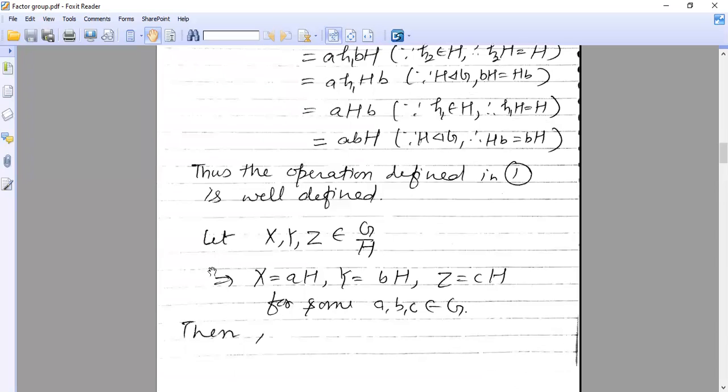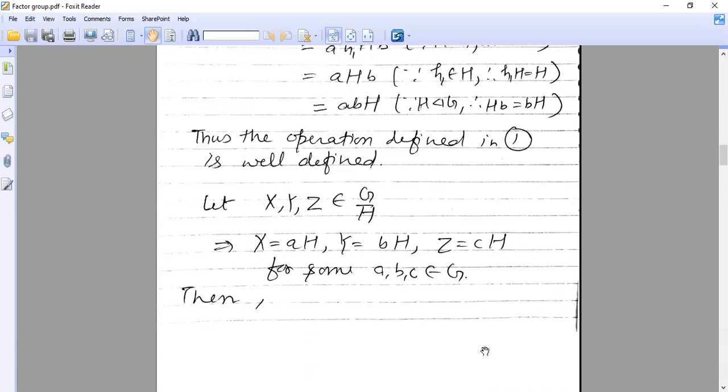So let us write them as cosets. So X will be equal to AH for some A in the group, Y will be equal to BH for some B in the group, and Z will be equal to CH for some C belonging to the group. So suppose these are the three elements of G upon H.